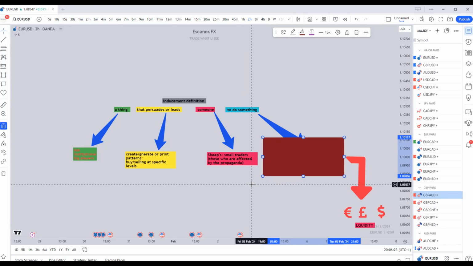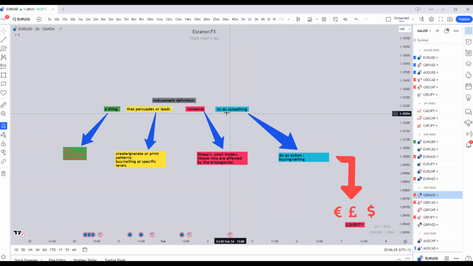The last point is to do something, and what they want us to do is take an action, and that action is buying or selling.